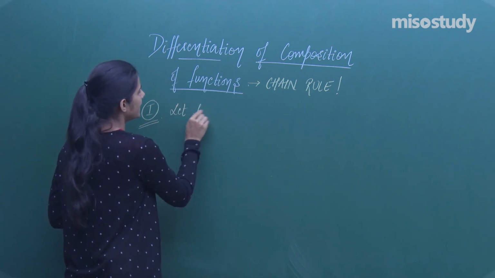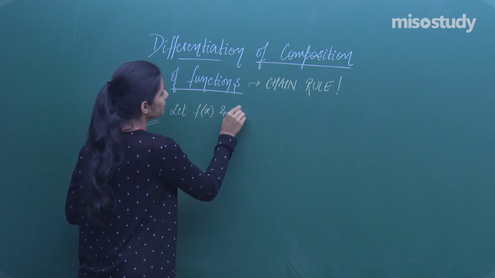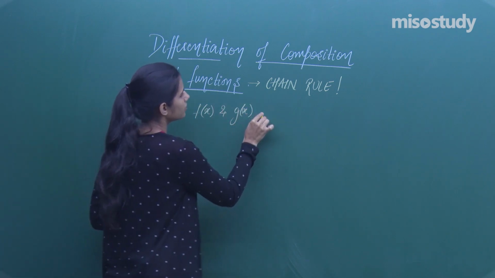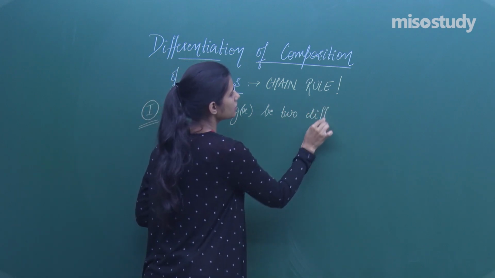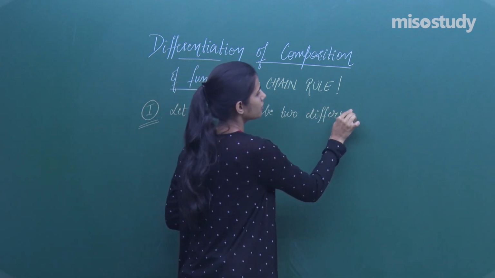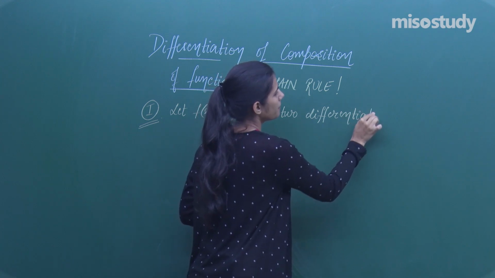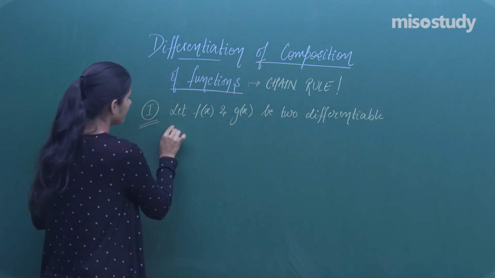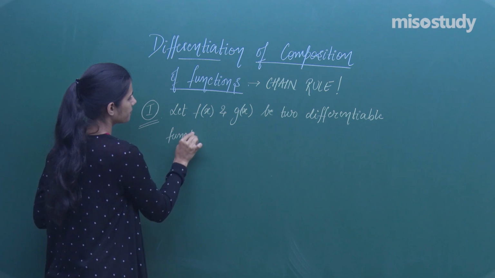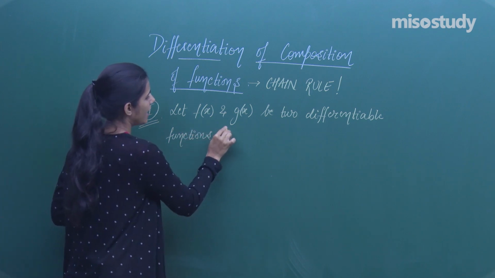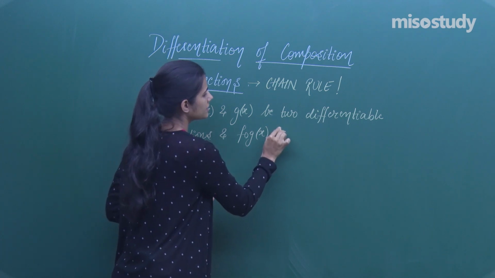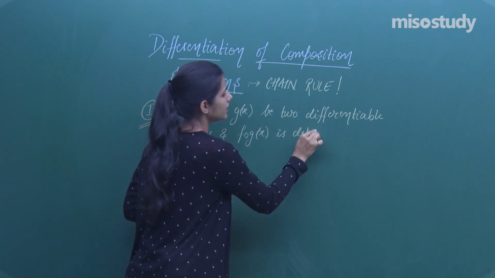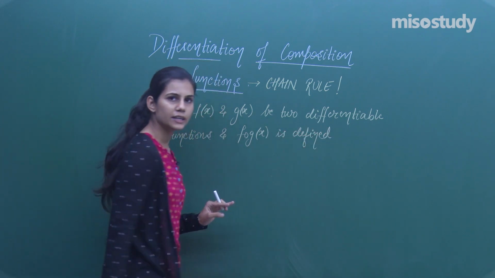I'm saying let f and g be two differentiable functions, and f o g is defined, or f o g exists as a well-defined function.